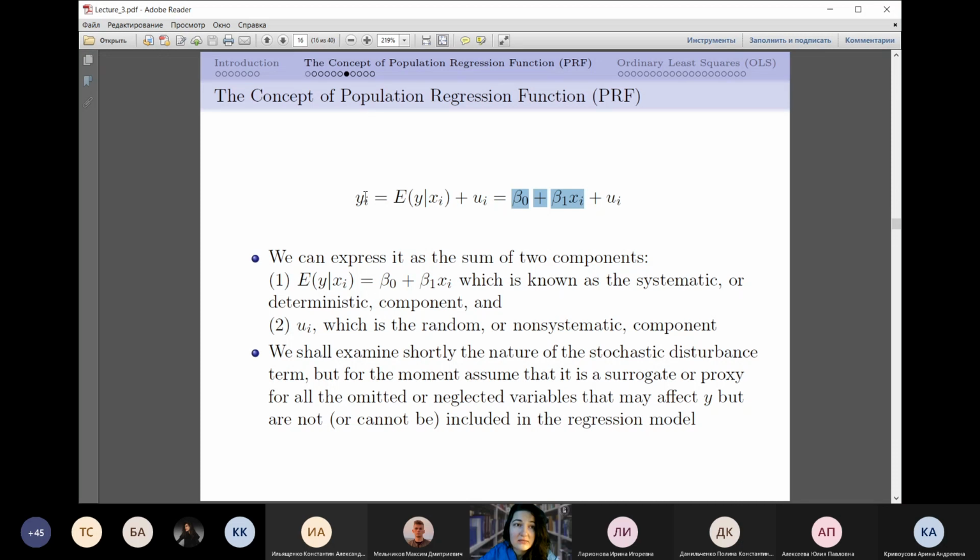Let's say this is intrinsic randomness in firm characteristics or in human behavior, some intrinsic randomness in individuals or in households that cannot be explained no matter how hard we try.